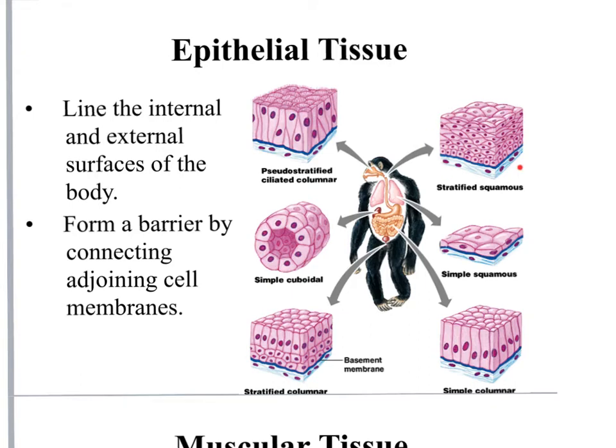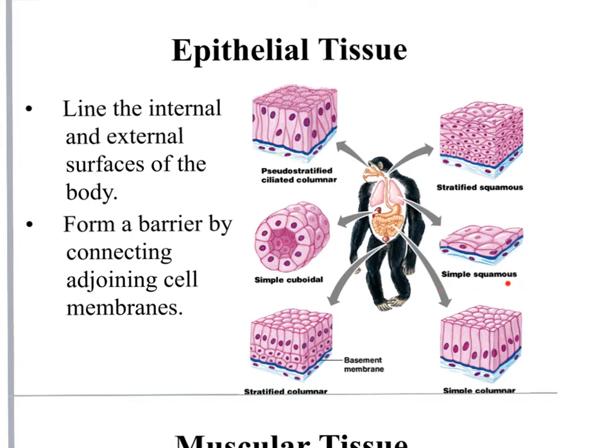When cells are stratified, they tend to take on a more protective barrier. So for example, your skin would have stratified squamous cells. So there's many different protective layers, protecting you from harmful things exterior to your body.